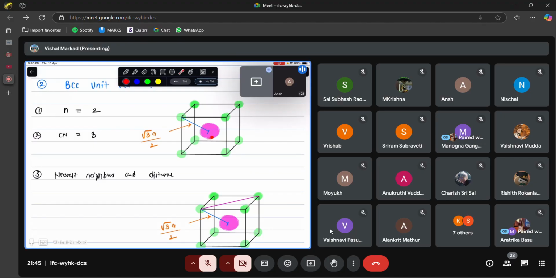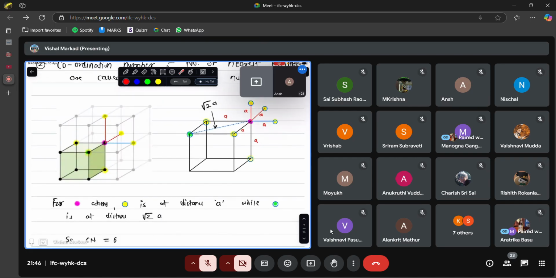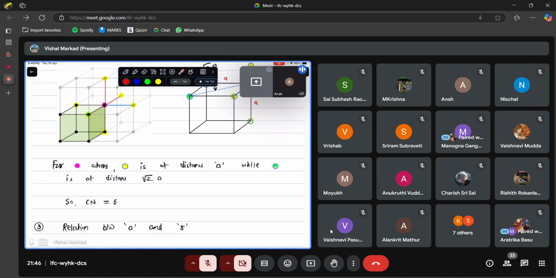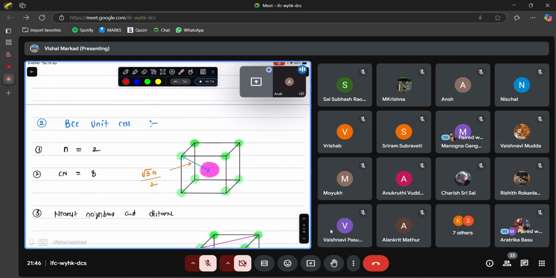One more thing: you can check the nearest neighbor with respect to this pink one, or else you can check with the green one also. You will get the same value. How? Look here. How many are directly attached to the center one, nearest one? One will be here, one here, one here, like that. Total 4 you will get. Nearest means it will be at center, not here. So it will be 8.